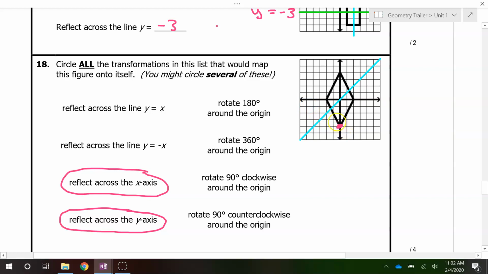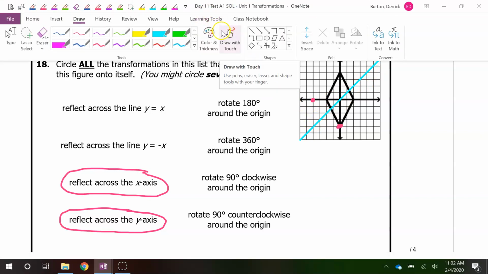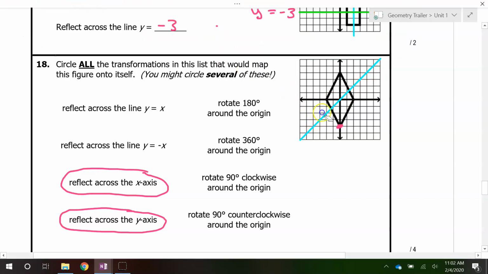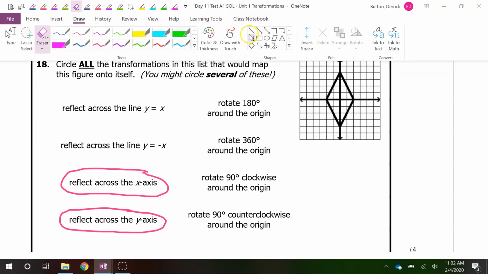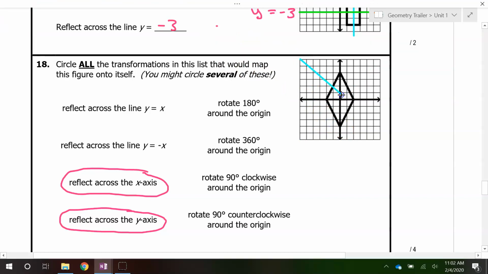Diagonally, this point is 2 diagonal squares away. If I go 2 diagonal squares on the other side, I'm going to be here. But notice there is nothing there. So this diagonal line is not a mirror image. And for the same reason, the line y equals negative x will not be a line of symmetry either. So we're not going to circle either of those.